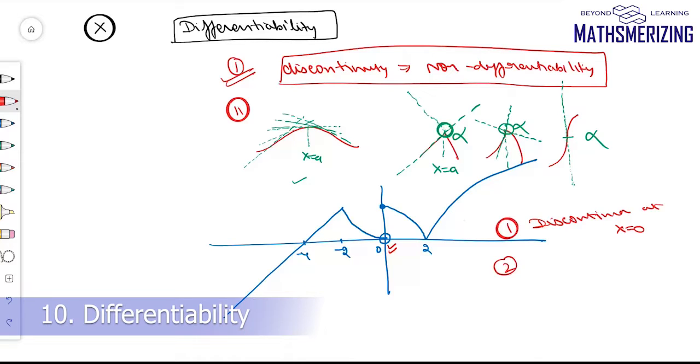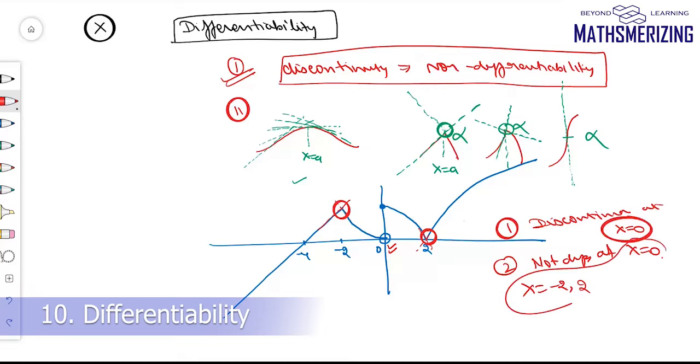Now, when we talk about differentiability, because at 0 this function is discontinuous, it is not differentiable at x equals 0. Now I see an edge at -2 and +2. Because I see two different tangents at -2 and +2, this function will also not be differentiable at x equals -2 and x equals +2. So this function is discontinuous at x equals 0, and it is not differentiable at x equals 0, x equals +2, and x equals -2.